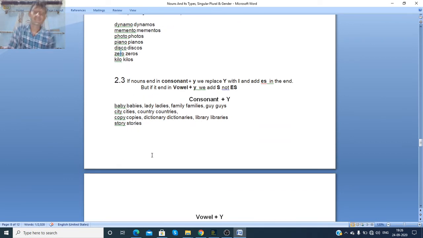And 2.3: if nouns end in a consonant and y, we replace y with i and add es to the noun. But if the noun ends in a vowel plus y, we add s, not es.